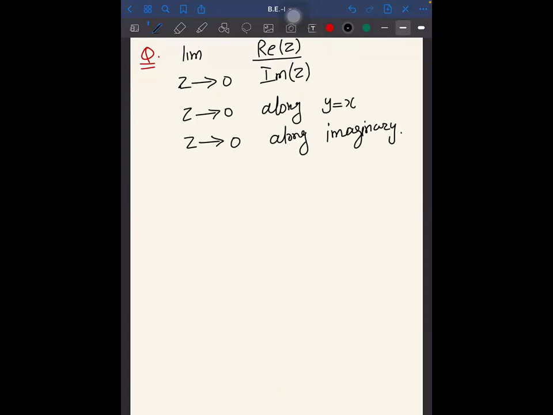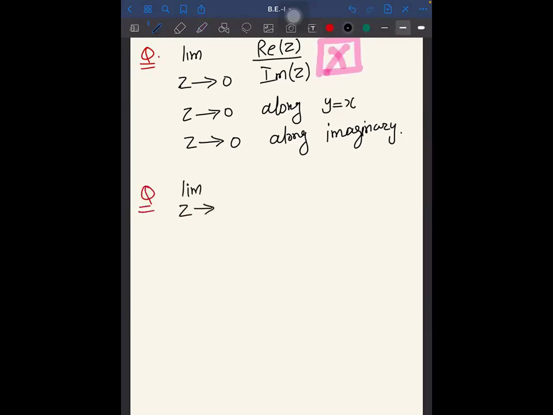These 2 limits will be different from each other, so you will conclude that the above limit does not exist. That's the hint.